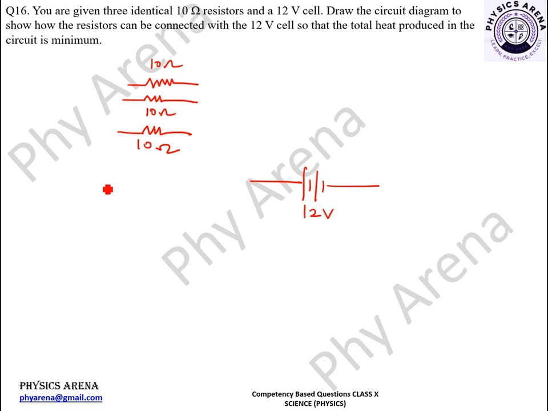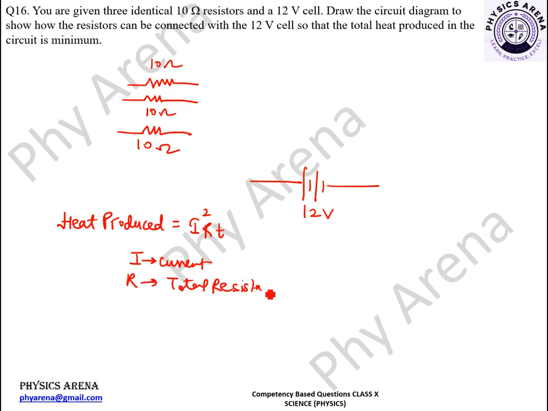So we know that the heat produced through a circuit is given as I square RT, where I is the current in the circuit, R is the total resistance of the circuit, and T is the time for which the current is flowing in the circuit.